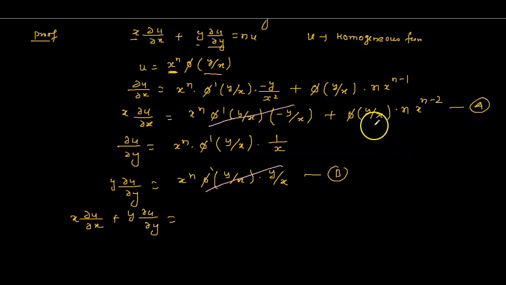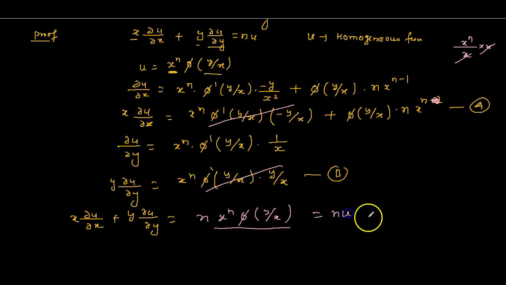Here I multiplied, not divided, so n minus 1 means x to the power of n by x, and this x part gets cancelled, so this will be x power n also. So only this is left: n into x power n and phi of y by x, and this is u only. So we can write this is n into u. This is Euler's theorem for the first order.